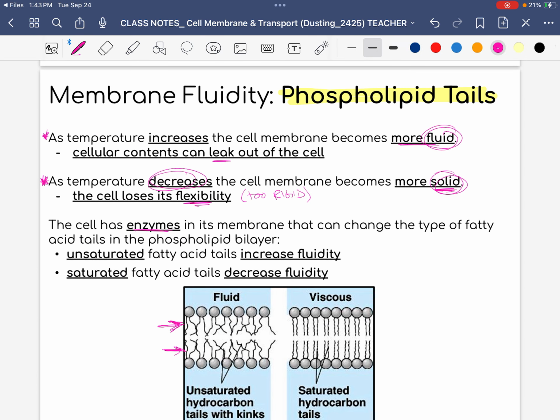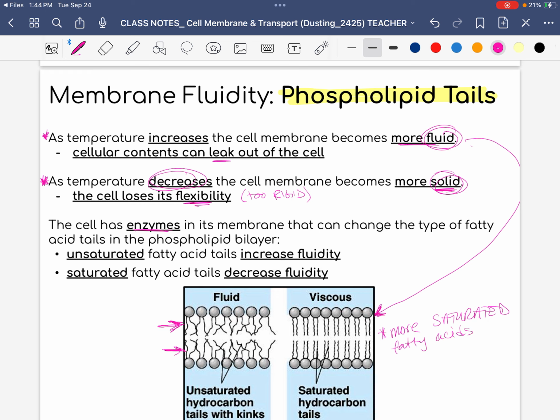And so if the conditions are too warm, that means the membrane is starting to become too leaky, it's becoming too fluid. What's going to happen is that as the temperature increases, the enzymes in the cell are going to make more saturated fatty acids in the phospholipids.